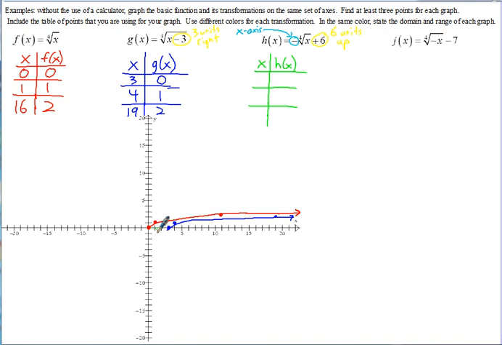Well, actually, it does matter in terms of order. Notice that the fourth root of x would first get reflected about the x-axis because multiplication happens first, and then you would add 6. So it is important here to do the reflection first.